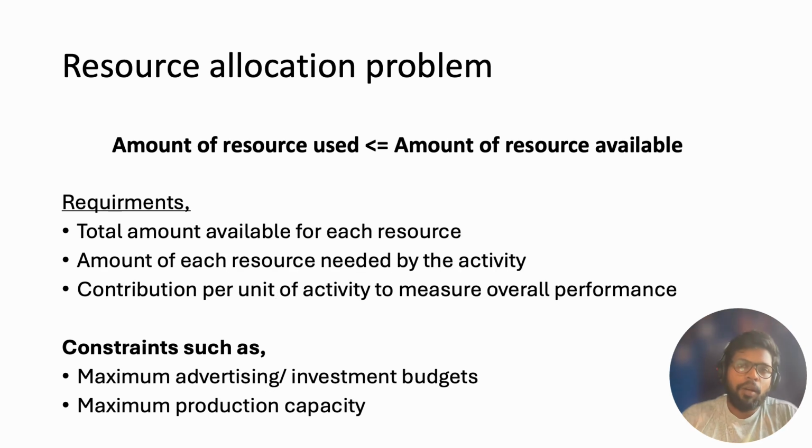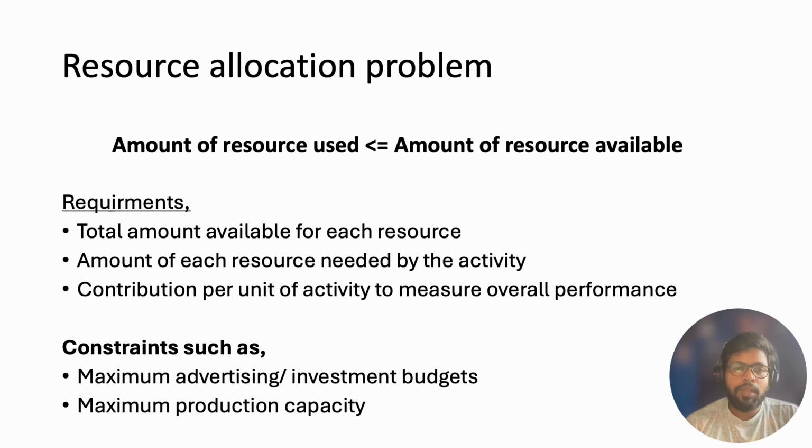In the resource allocation problem, it's quite the opposite of the cost-benefit trade-off problem. Here, the objective of the management is to make the best use of the resources available. Max limits for the resources are given for each activity, and we are interested in allocating the resources in an optimal way for maximization.